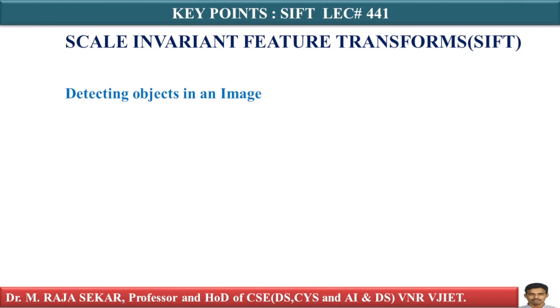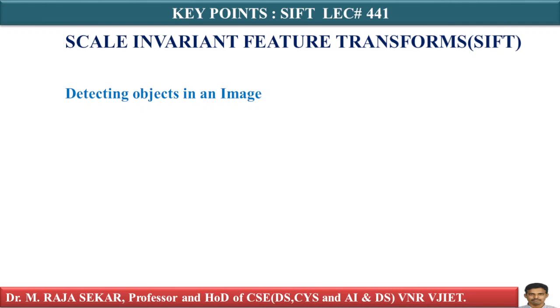It's very popular for detecting objects in an image. This algorithm was designed in 1999. SIFT is an algorithm in computer vision to detect and describe local features in images.